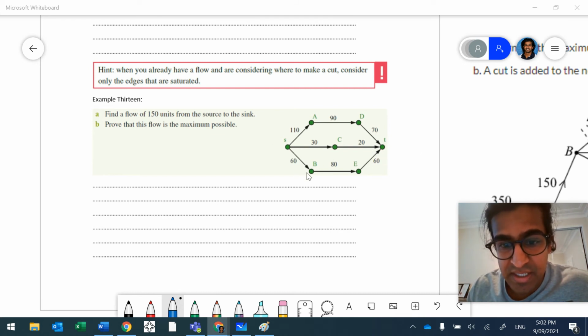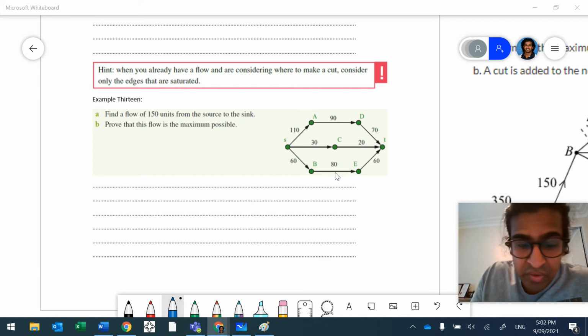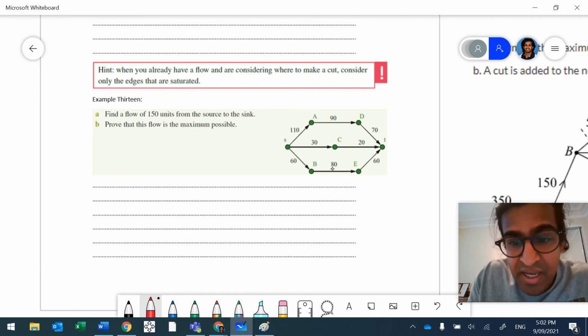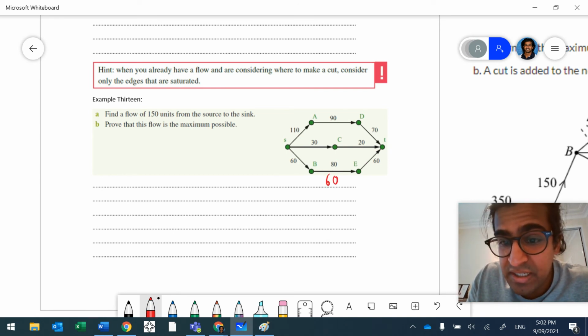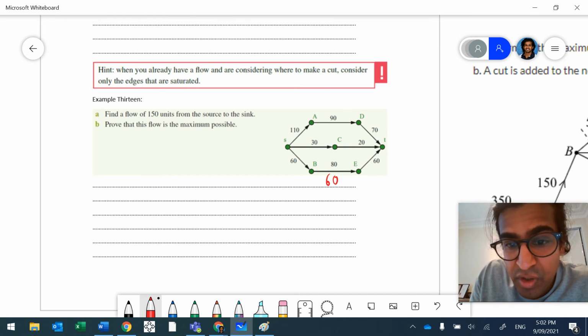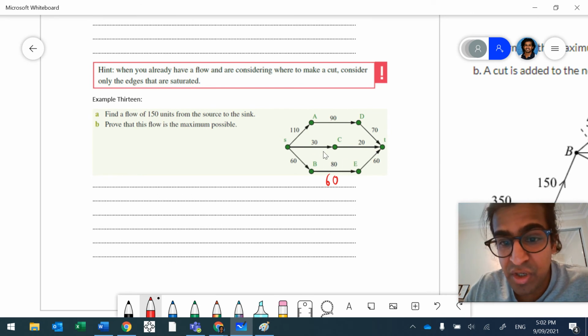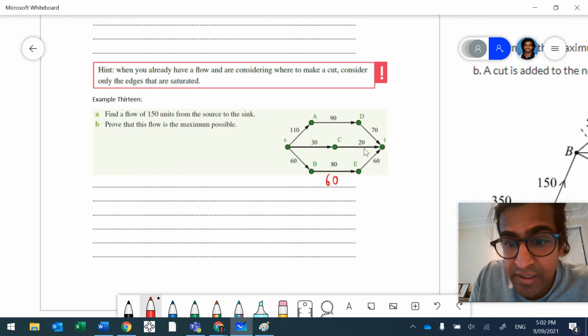So we can go 60, and that speeds up to 80, but what's going to happen? The capacity is 80, but the flow through there is 60, and the flow through there will be 60. So there's the flow of 60. Here we've got a capacity of 30, but it's going to slow down to 20.